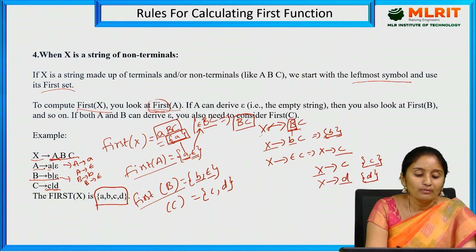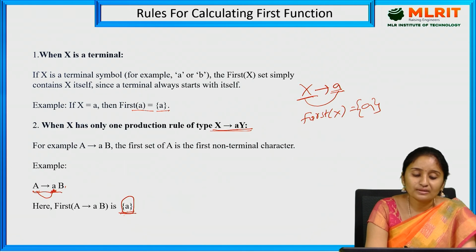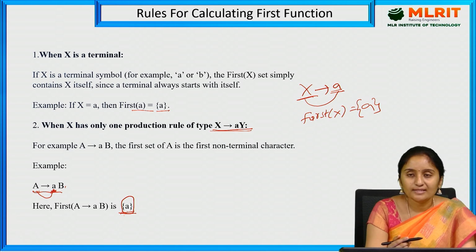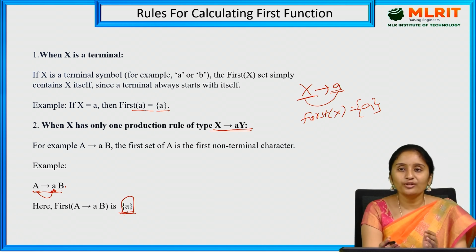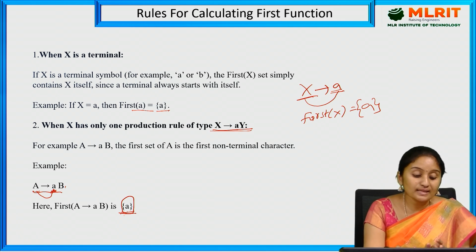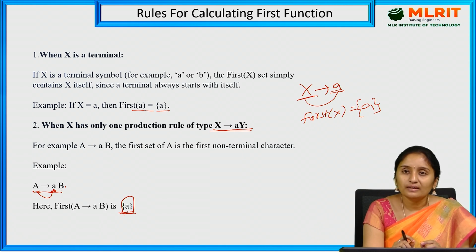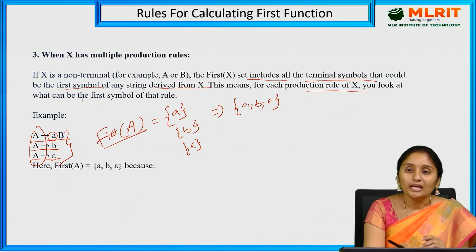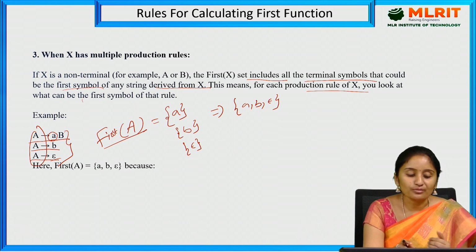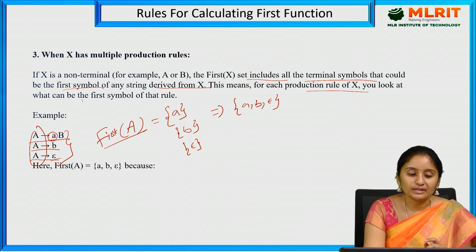So the overview is, to construct the first function, initially if x is a terminal, then directly we write first of x. If x has a production, we check the first string on the right-hand side; if it is a terminal, we write the first of it. If it has multiple production rules, we calculate all of them and write the first of that function.